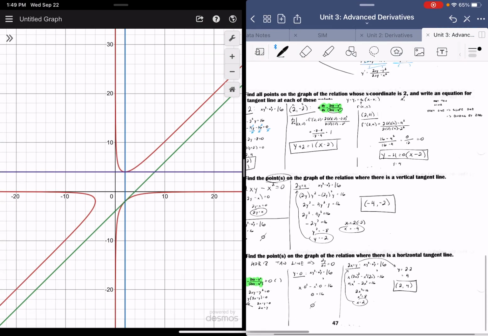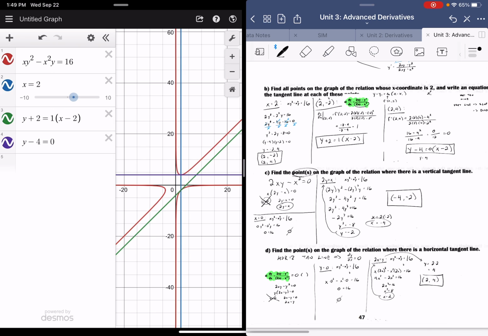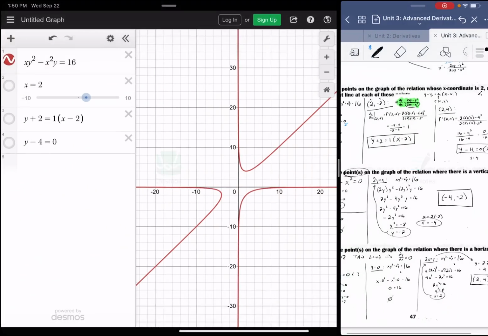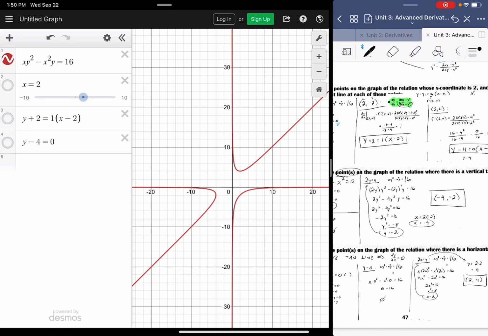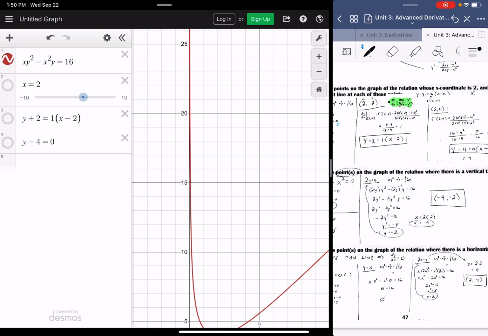And then a vertical tangent line. So find the points on the graph that have a vertical tangent line. So we could look at this graph. I'm going to turn off the tan lines we already found. And I'm going to turn that x value off. So looking at this graph, where do you think this graph might have a vertical tangent line? Well, here it looks like there's a vertical asymptote.